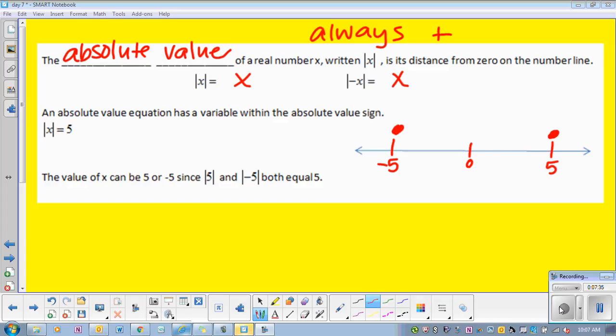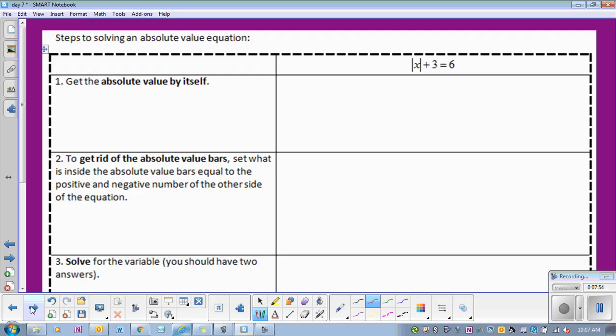Alright, so the value of x can be 5, or it can be -5, because the absolute value of 5 and the absolute value of -5, they both equal 5. Okay? Alright, so then that takes us over to solving absolute value equations. Here's the thing, I want you to write somewhere, maybe right here: 2 solutions.